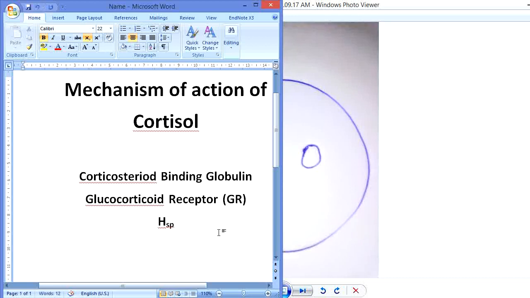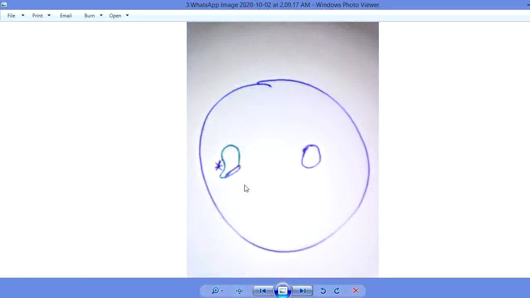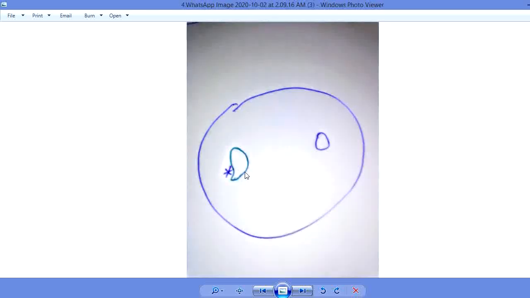HSP stands for heat shock protein. So this heat shock protein will be detached from this glucocorticoid receptor due to conformational changes by the binding of the drug. In this diagram we can see that HSP has been detached.